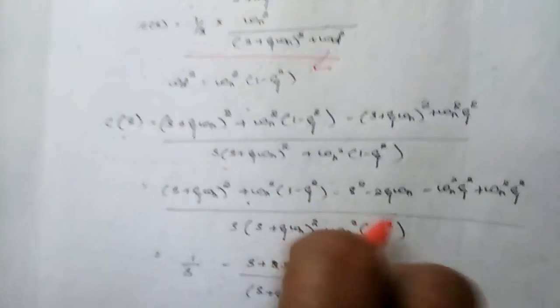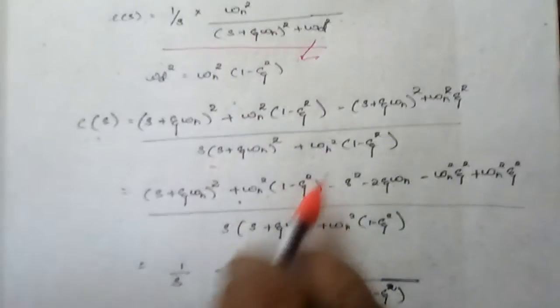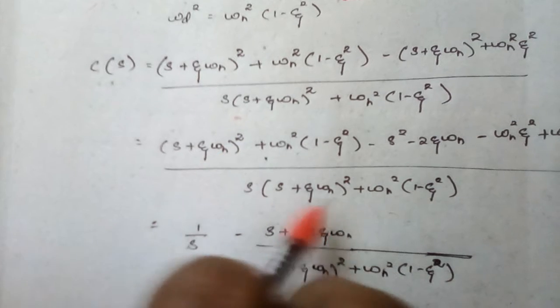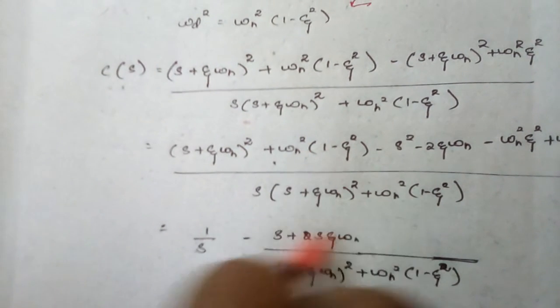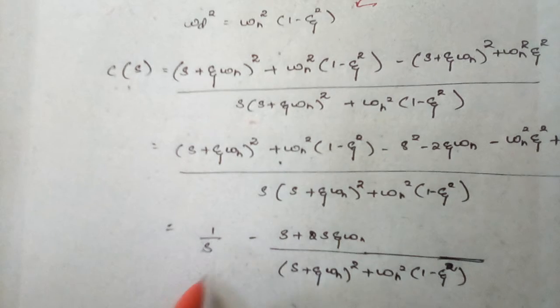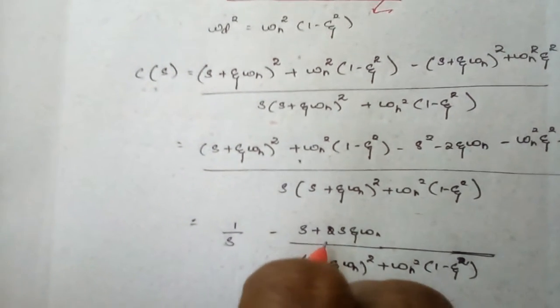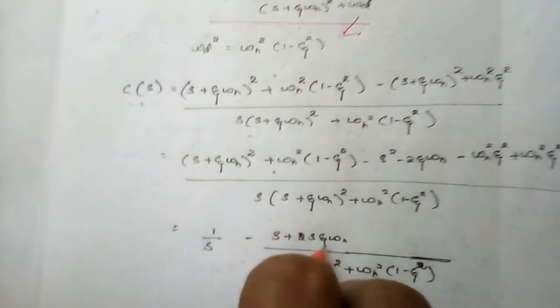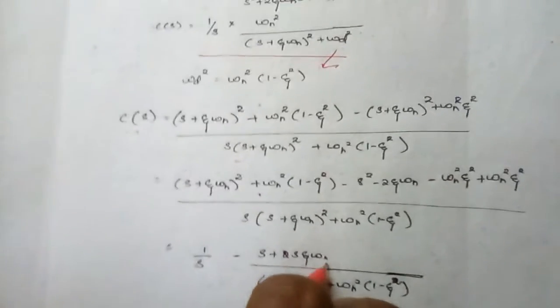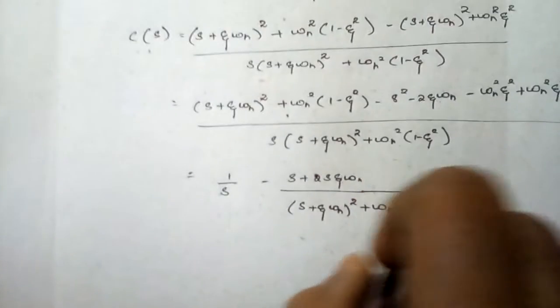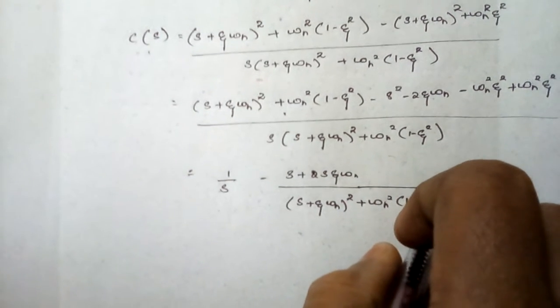Equating all those terms, in this part the numerator and denominator terms are equal and cancel, and I have the expression as 1/s minus s plus 2 zeta omega n divided by s plus zeta omega n square plus omega n square into 1 minus zeta square.